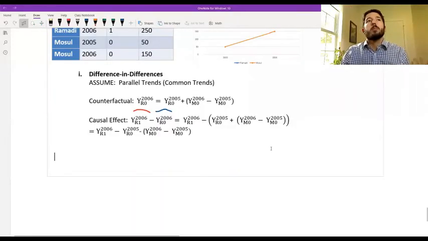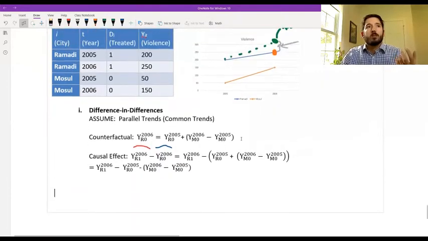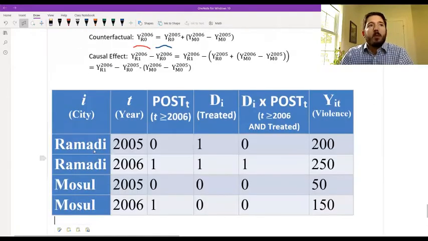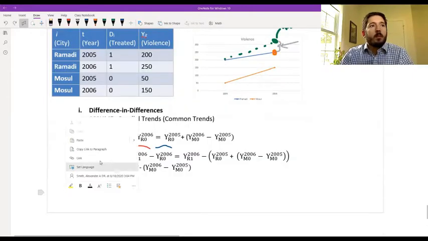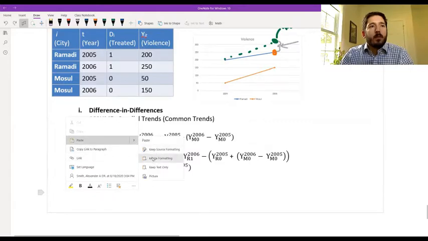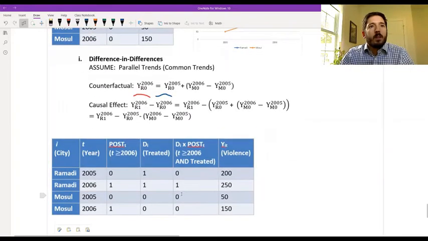Okay, so how would we implement this difference in differences strategy in practice? Well, we'd add a couple more variables here. If you were looking at this data set and you wanted to run this, you'd add a couple more variables. So we'd add some variable for the post period.